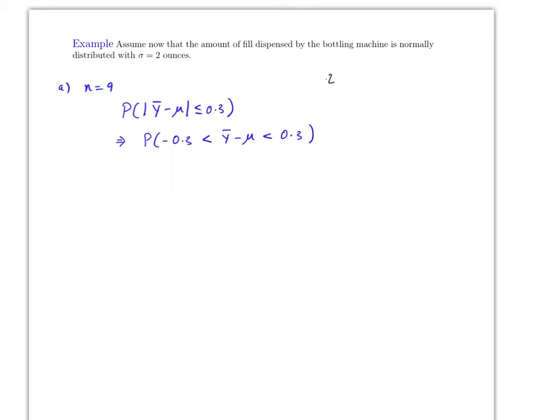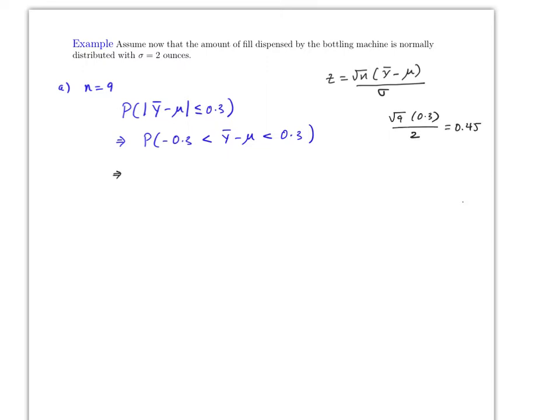Remember that we know that z, if you define it to be this, you will have a standard normal distribution. So here, this is not quite that, but this is equal to this part. If we multiply by the square root of n and divide by sigma, then we would end up with z. So if you do the square root of 9 times 0.3 divided by 2, this will give you 0.45.